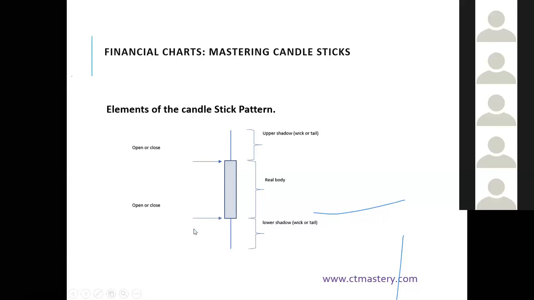If here is the opening price and it is lower than the closing price, that candle is going to be green, and we call it a bullish candle.